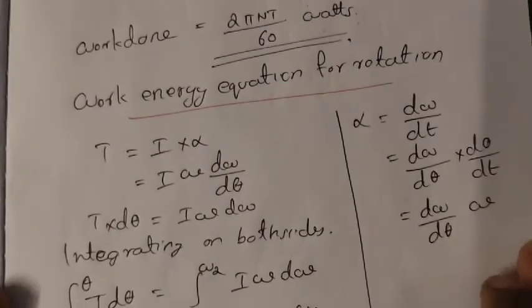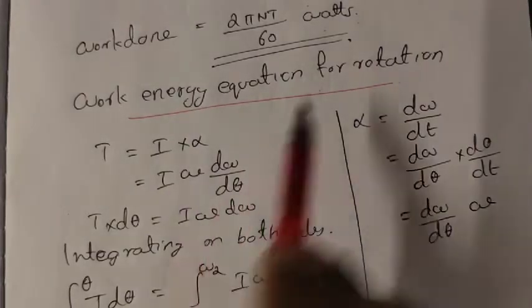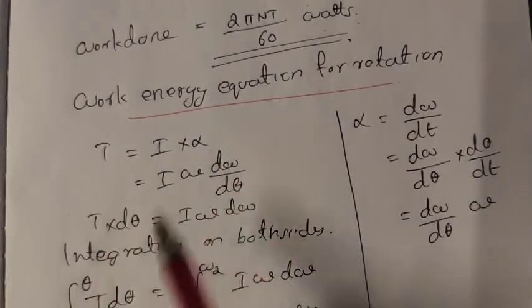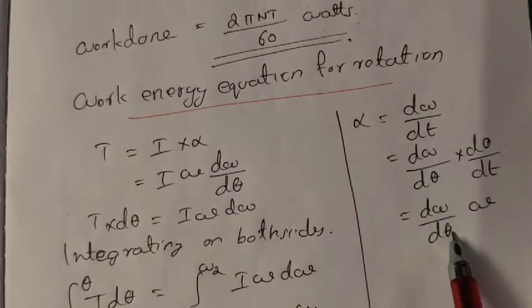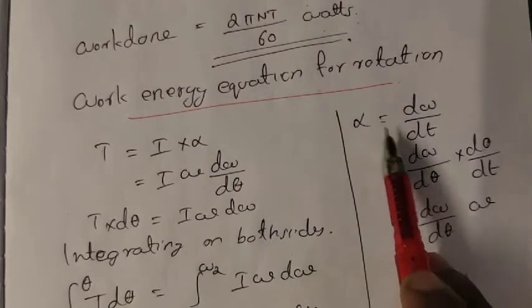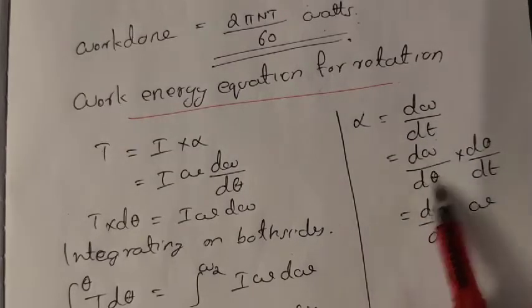The next topic is the work energy equation for rotation. T is equal to I alpha, which we already know. From previous lectures, alpha is equal to d omega by dt, which we can write using d theta as omega d omega by d theta.